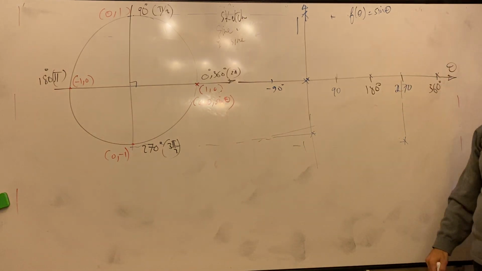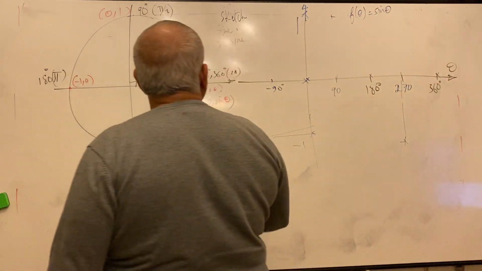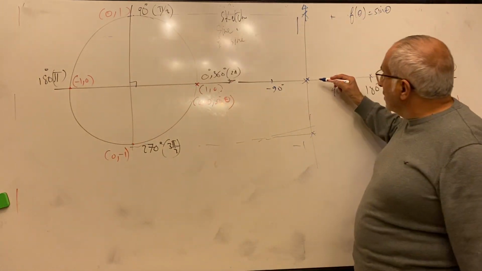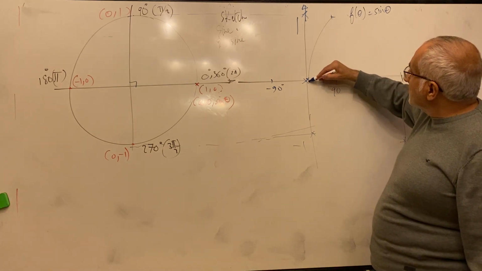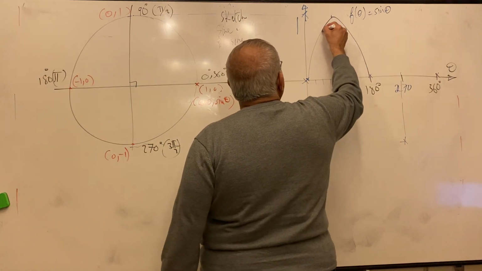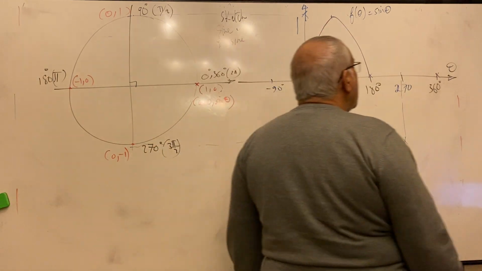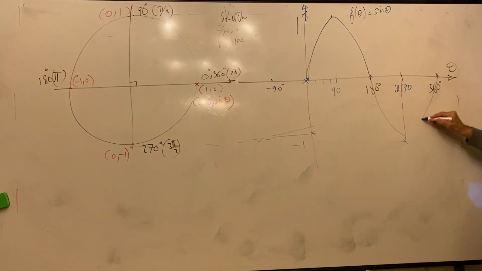Remember, when you connect these points, they have to be smooth, no straight lines. So I could take more angles, like 30, 45 and 60. At the end, it's going to be like this: a simple, smooth curve passing through 0. Well, that's called one cycle, one oscillation.